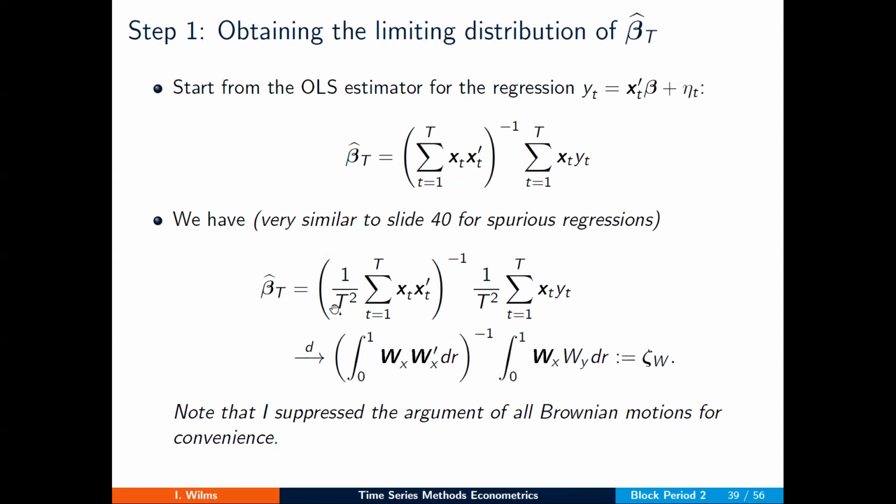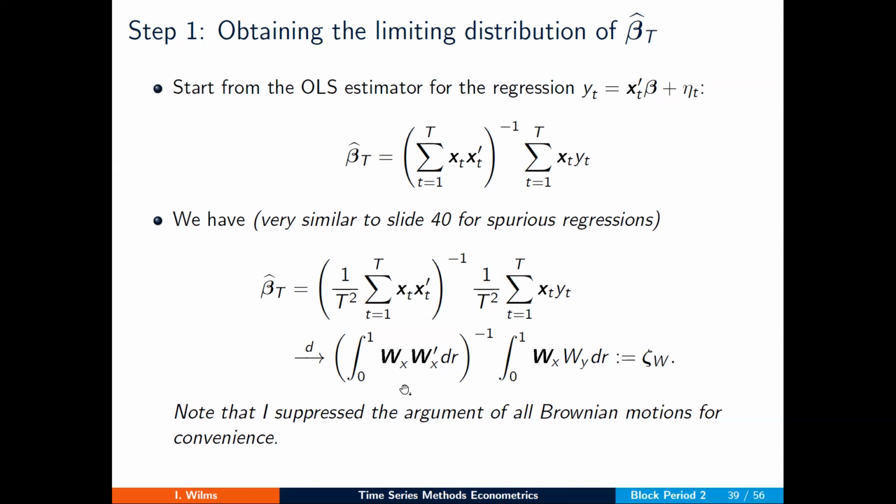Both terms need scaling by 1 over t squared. You need 1 over root t on this guy to recognize a partial sum process. Similarly, you need 1 over root t to rewrite this guy as a partial sum process. And then you need an additional 1 over t for the width of the interval to recognize a Riemann sum.